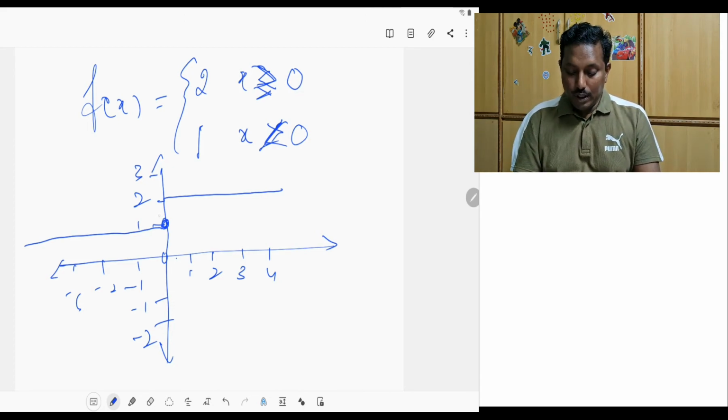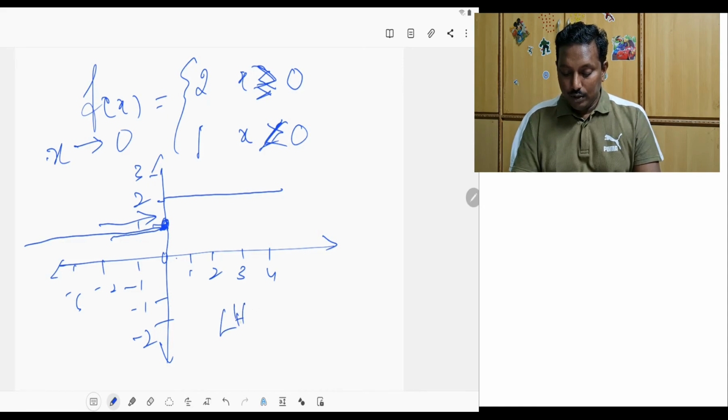Suppose we are approaching this from the left hand side, the limit of f of x as x tends to 0. Here the limit from the left hand side is approaching the value of 2.